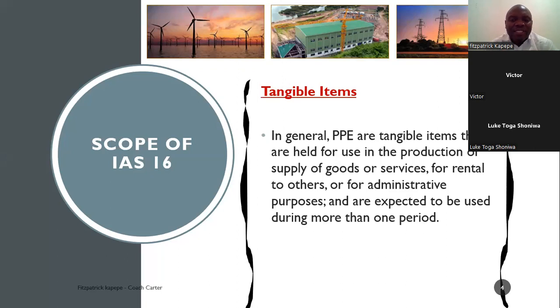And it is held for use in the production or supply of goods or services. It is helping you to generate value, which is revenue. It could be for rental to others or for administrative purposes, and are expected to be used during more than one period. So it is a non-current asset, but it is tangible.